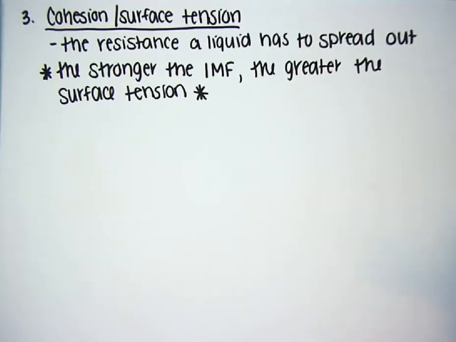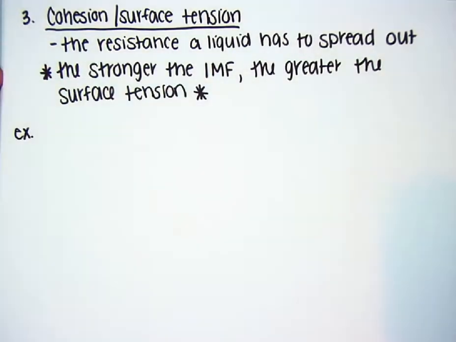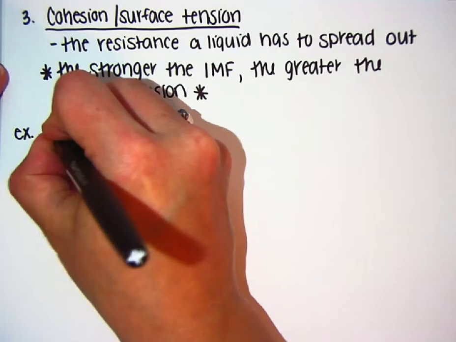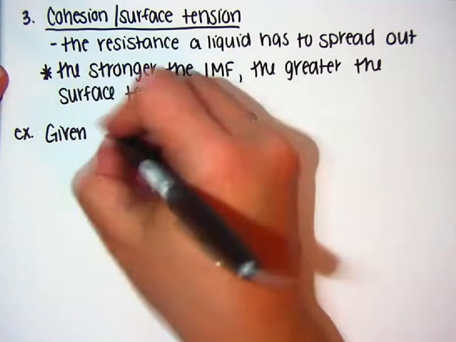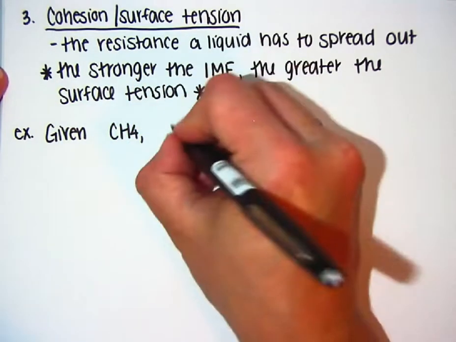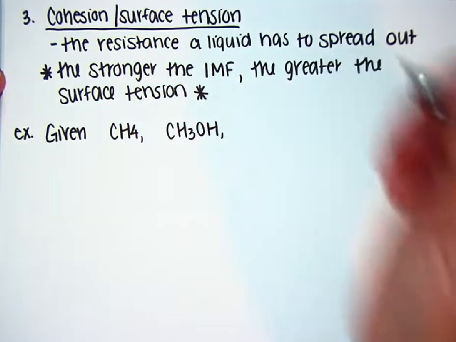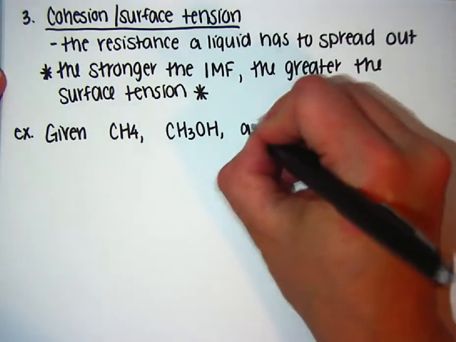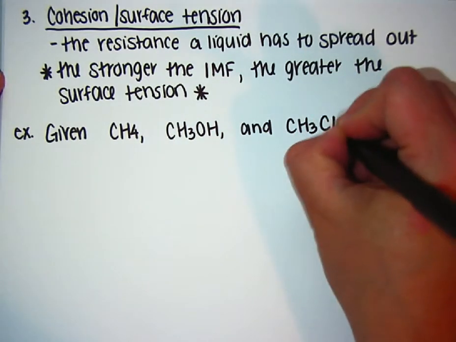So last thing that I want to do today is a few examples looking at these properties. Let's say we had 3 molecules, CH4, CH3OH and CH3Cl.